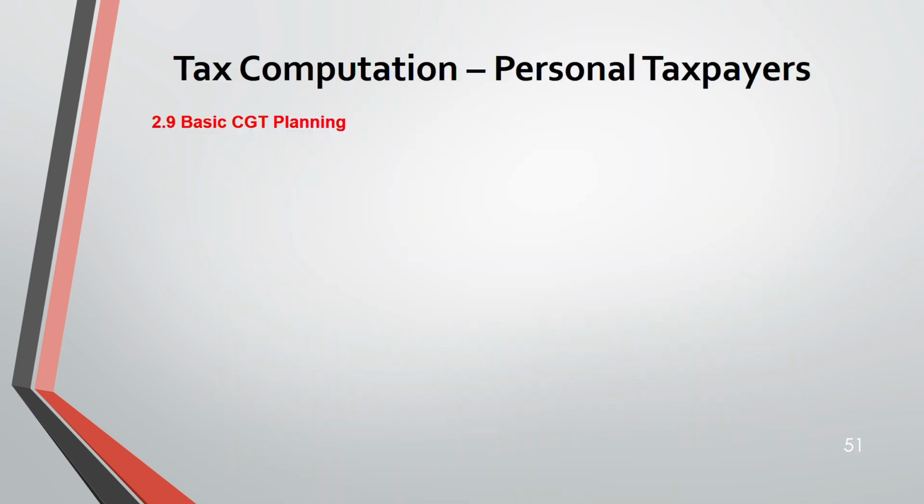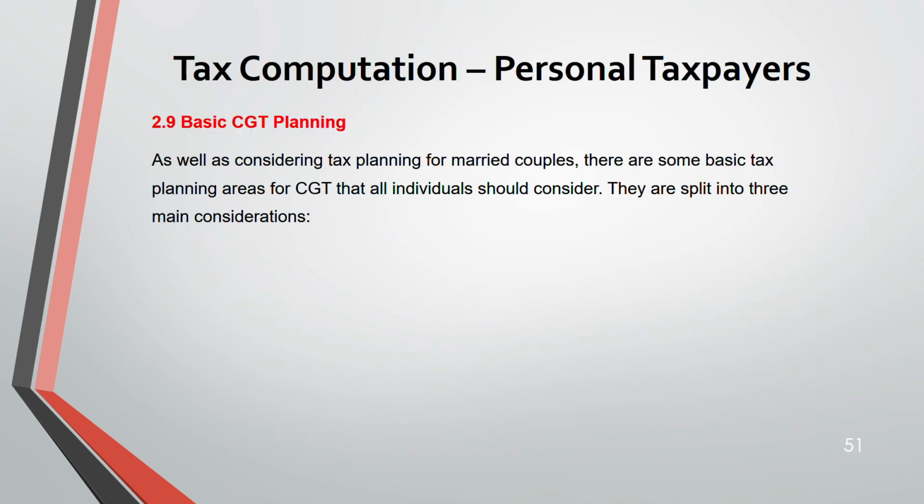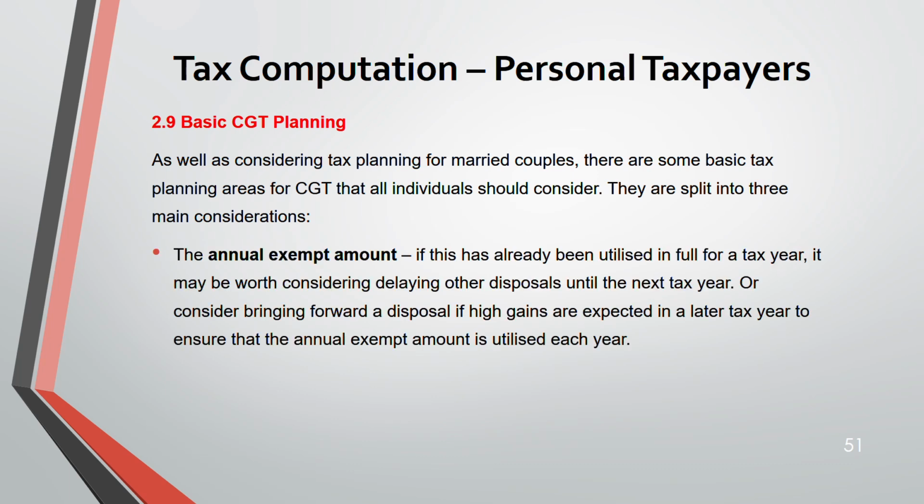Now the basic CGT planning. So now there are some basic tax planning areas for CGT that all individuals should consider. It is split into three areas. First, annual exempt amount. You have to see whether this has been utilized for a tax year or not.